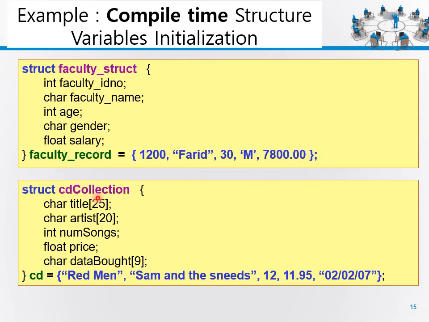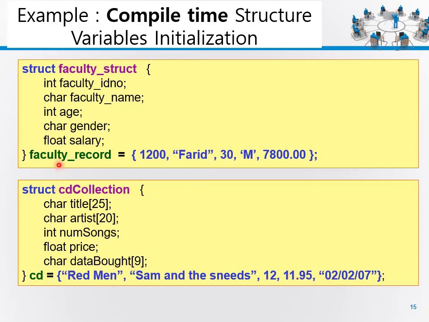For the CD collection structure, we have five members of this structure. For the variable data, you have the CD title, the artist, 12 for the number of songs, the price, and lastly the data type.